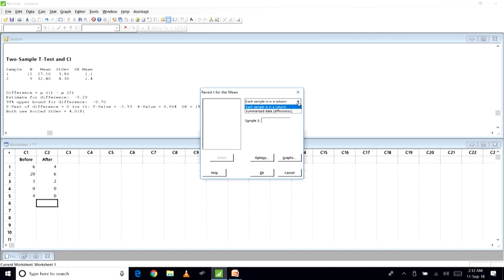Okay, sample in each column, we do not have summarized data, so we will have sample in each column as it is. Okay. So, now we have got sample 1 which is before. So, click over here and select before, and then again select after, then go to options.